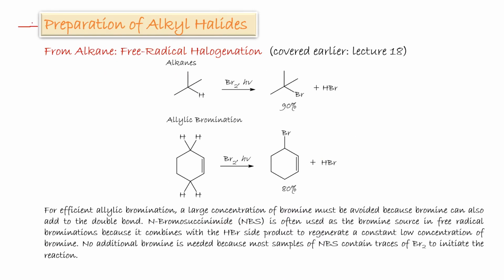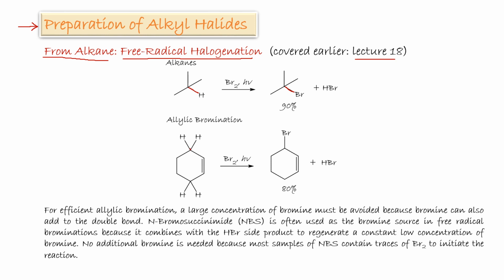Getting to now preparation of alkyl halides from alkane via free radical halogenation. We have covered that earlier in lecture 18. If we have alkane, the carbon hydrogen can be replaced by carbon halogen in the presence of X2 and light.